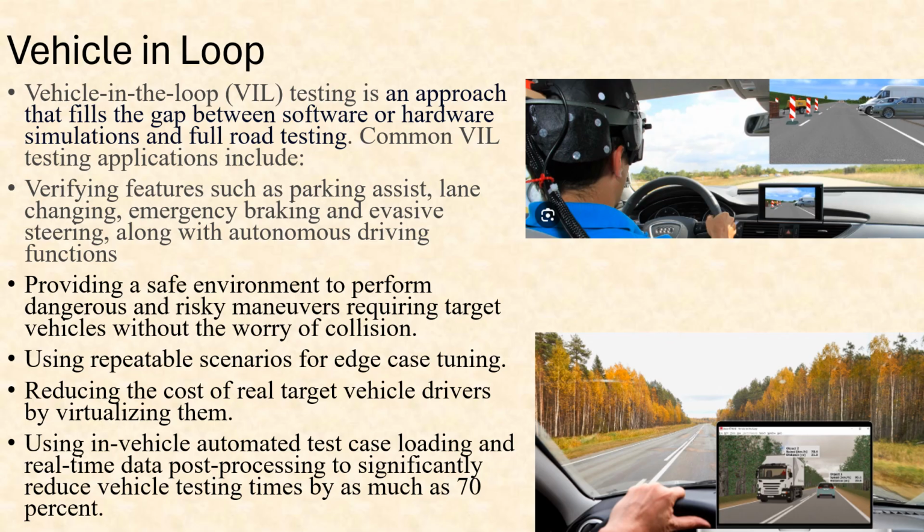So by virtualizing them, we are totally reducing the cost. And using in-vehicle automated test case loading and real-time data post-processing significantly reduces vehicle testing times by as much as 70%. So it is proved mathematically that using vehicle in-loop reduces the testing time by as much as 70%. I think this should give you a very comprehensive picture about the efficacy and the importance of vehicle in-loop.